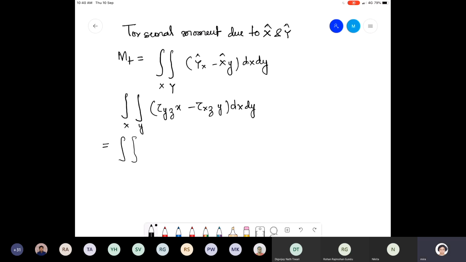Yes, looks to be correct. Okay, so now what we do is that we do integration by parts.